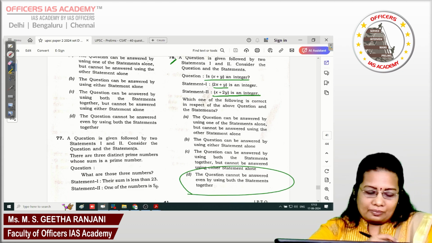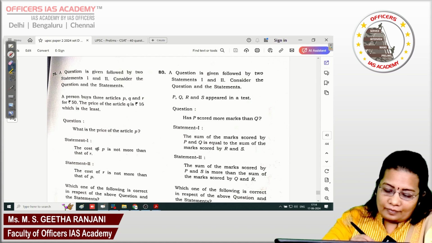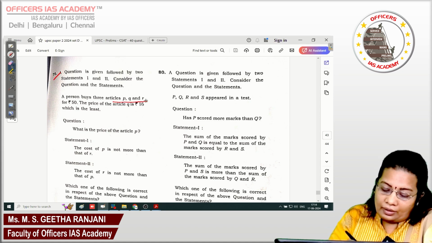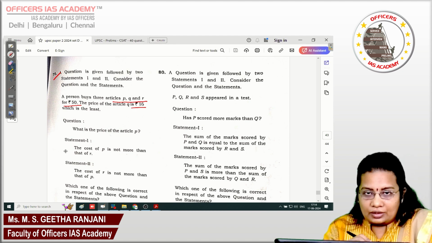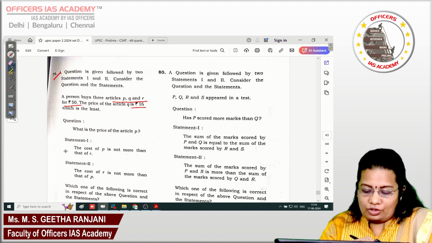The next question, question number 79. A person buys 3 articles P, Q and R for rupees 50. The price of article Q is 16, which is the least.